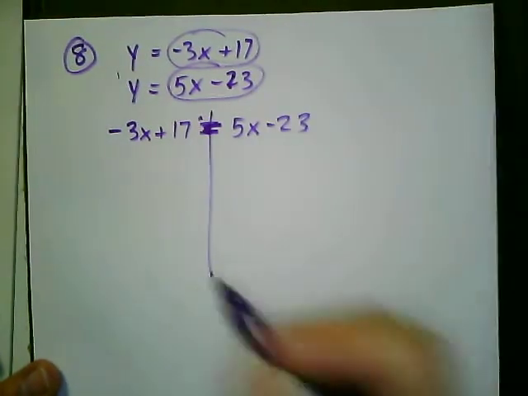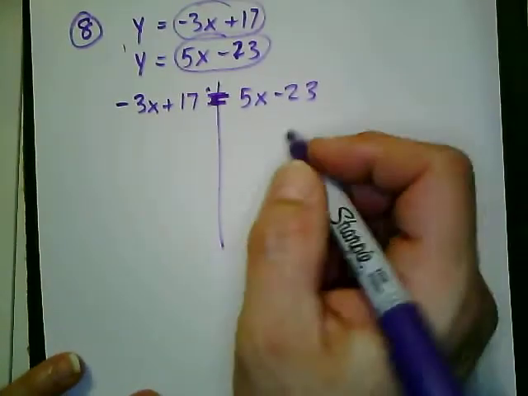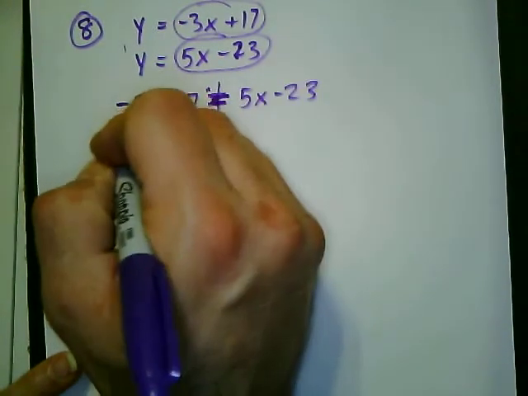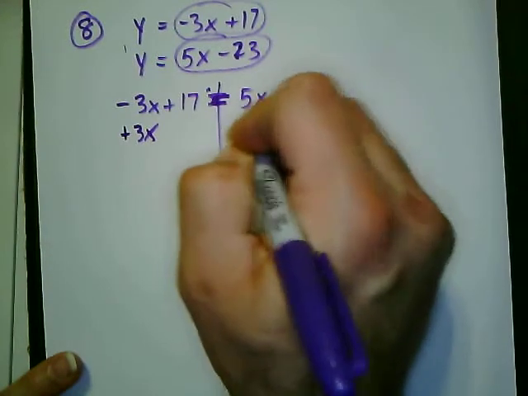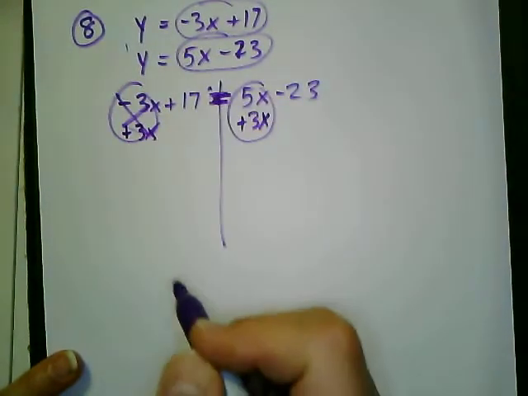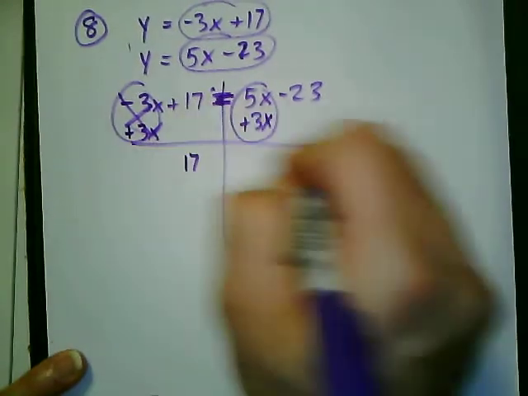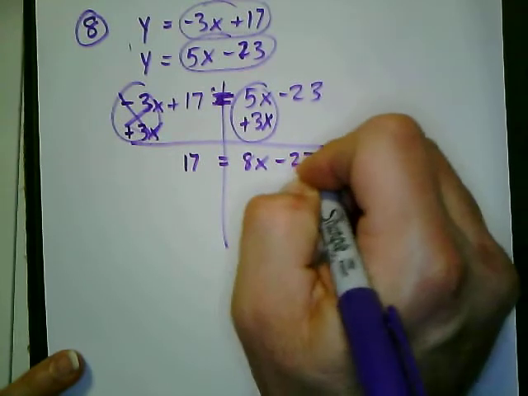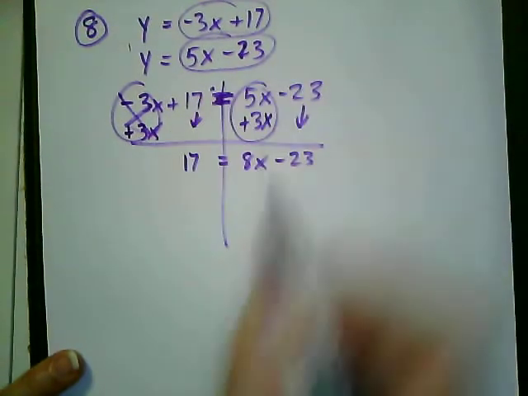Follow your steps. No distribute, no combine like terms, but we do have an extra variable, so I'm taking the smallest one. I'm going to add 3x to both sides. 3x minus 3x is nothing. I'm left with 17 equals 8x minus 23. Just bringing those down.